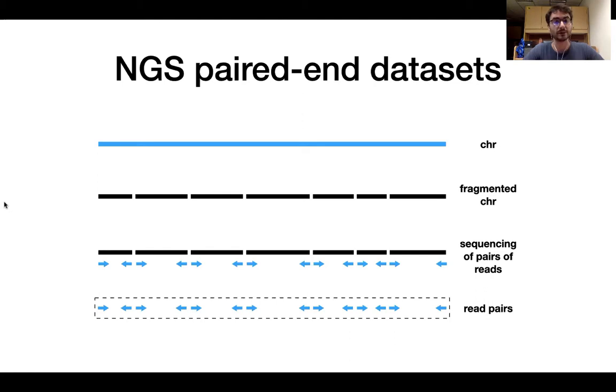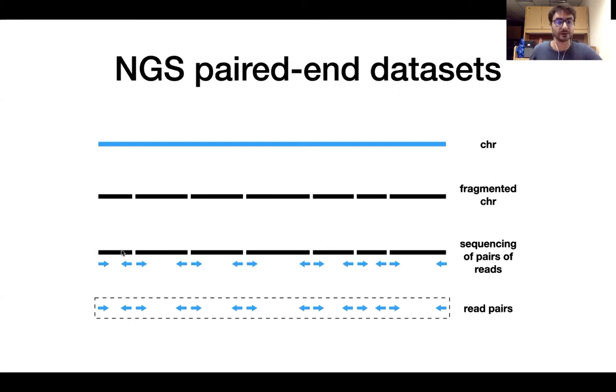So they will take each chromosome or each large piece of DNA that they want to sequence, and they will cut it down into very small fragments. And after that, they will be able to read each fragment individually by producing a very small read from each end of each fragment.